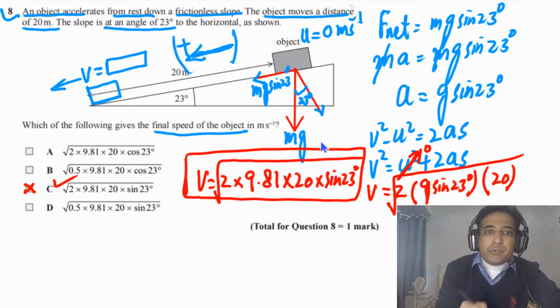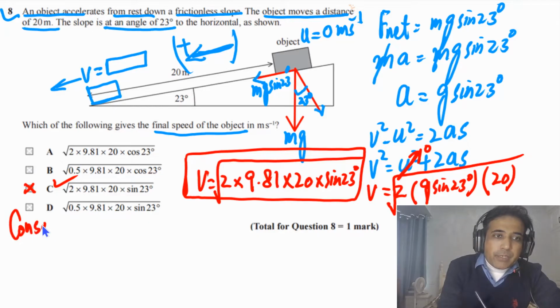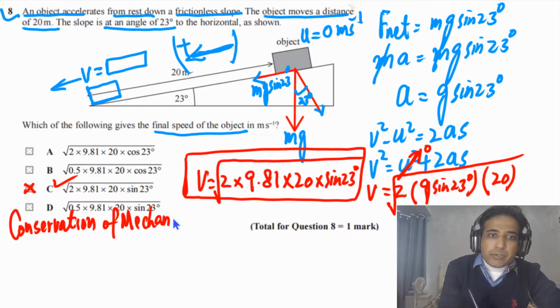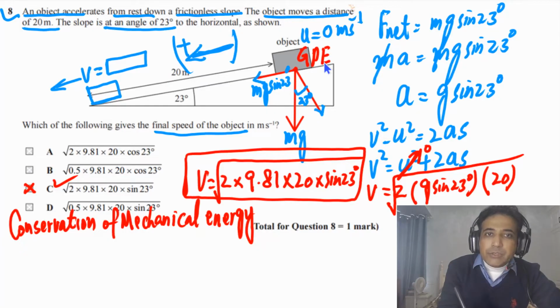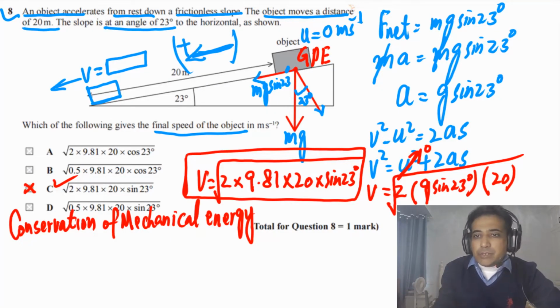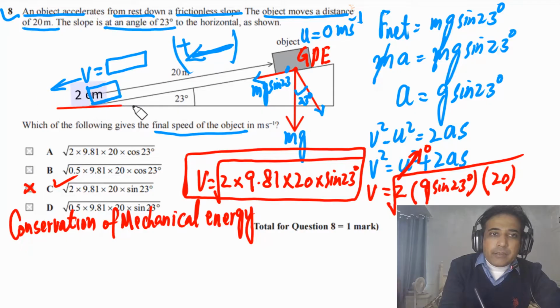There is another way to answer this question. We can also use conservation of energy. Let me explain with the help of conservation of energy. Conservation of mechanical energy in this case, because there is no friction, so we will say conservation of mechanical energy. At this point, the object has certain gravitational potential energy, and we can take our reference line.